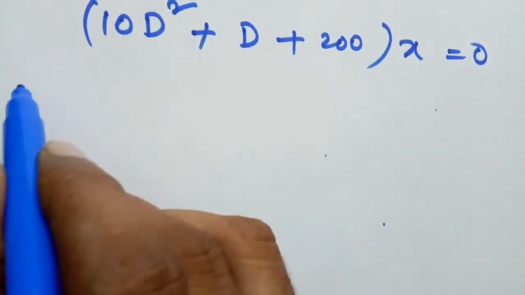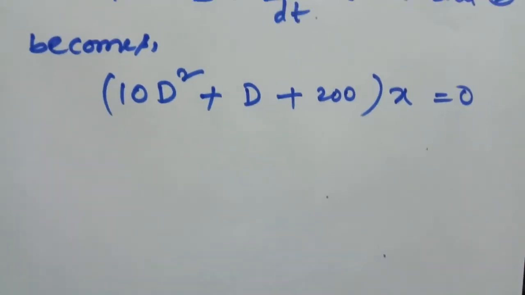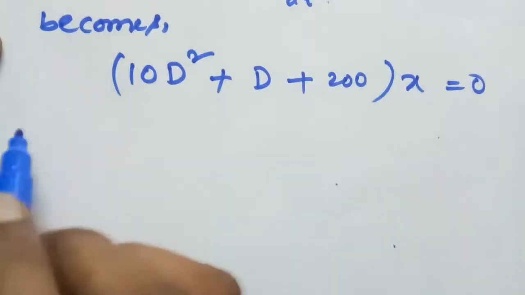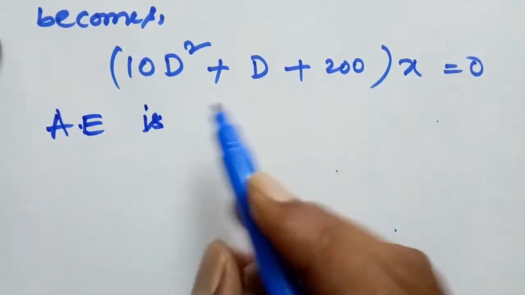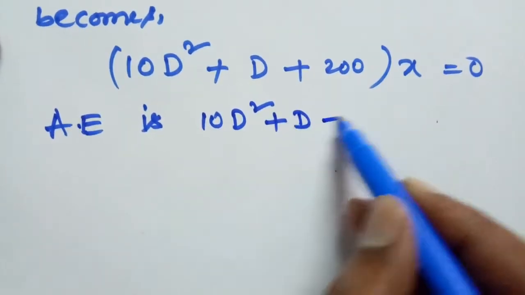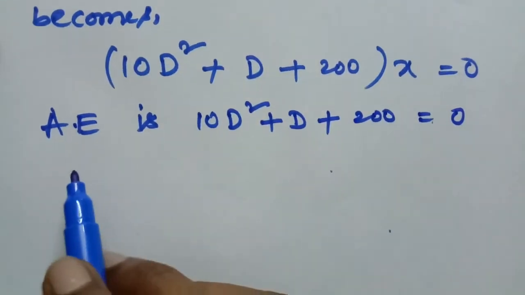Since the right hand side is 0, the complementary function gives the complete solution. Therefore to find the complementary function, first we have to find the auxiliary equation. The auxiliary equation is 10D square plus D plus 200 is equal to 0.